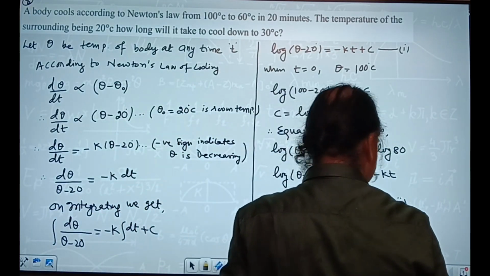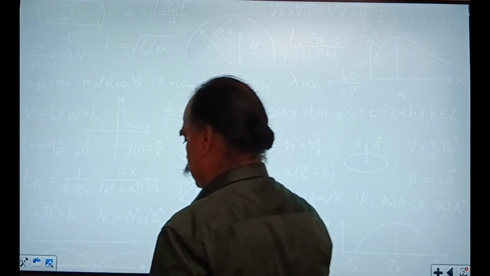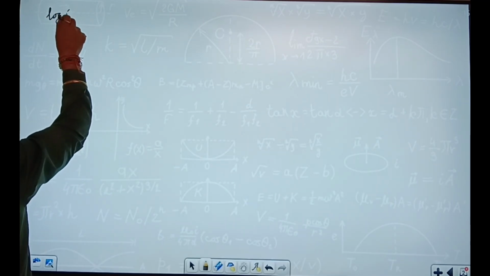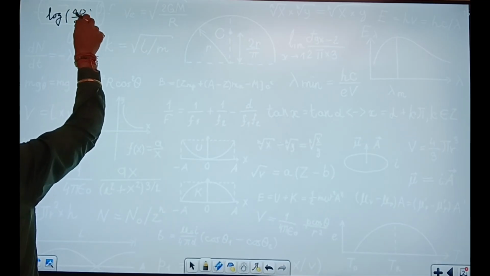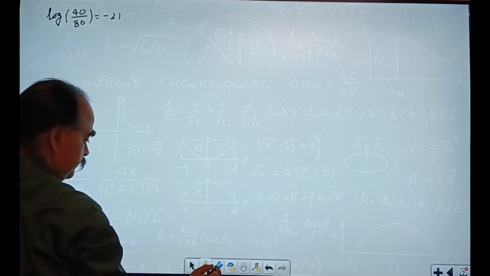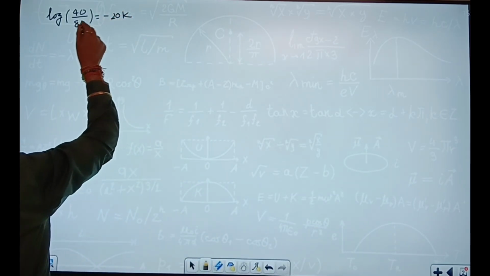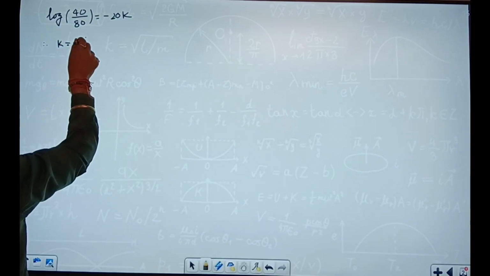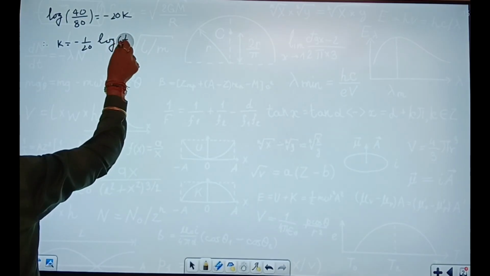Log 40 by 80 is equal to minus 20k. So k is minus 1 by 20 log 1 by 2.